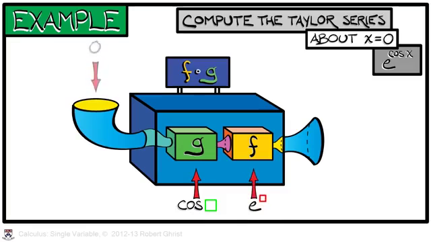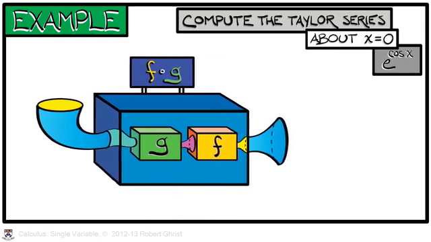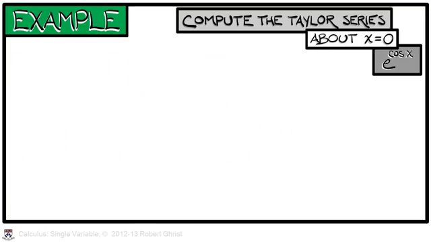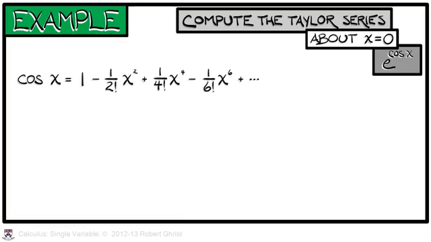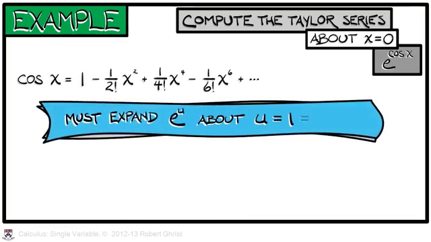If we are to compute the Taylor series about x equals 0, then we must expand cosine about 0, but not e to the x. Cosine of x about 0 is very simple. This one we know. However, for the second term, the exponential, we must expand that about an input of 1, because that is what gets fed into it.